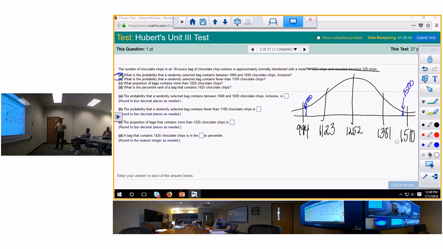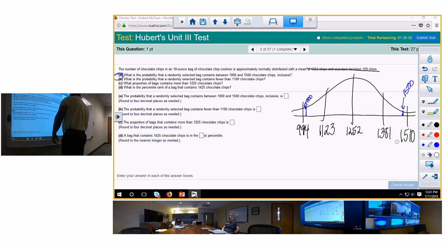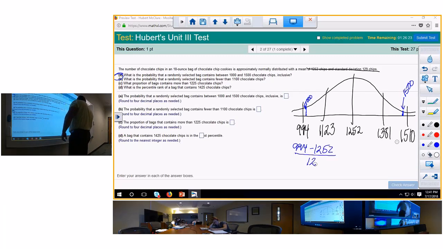Because if you try to say, oh, well, they're the same, you have to check it by calculating the z-score for both. After you calculate the z-score and they come up to be symmetrical, then you can say, oh, they're the same. So let's do that. 994 minus 1252 over 129. Somebody give me that z-score.